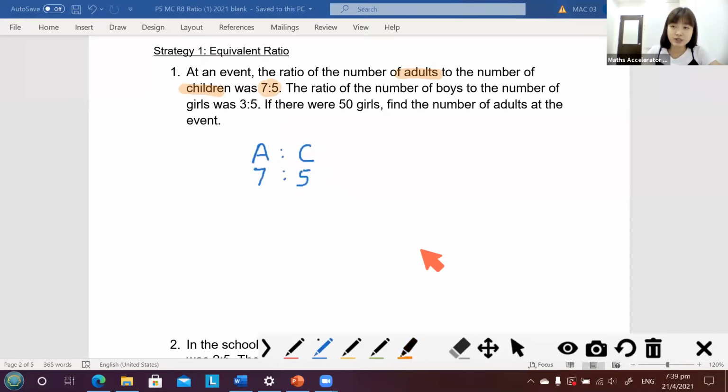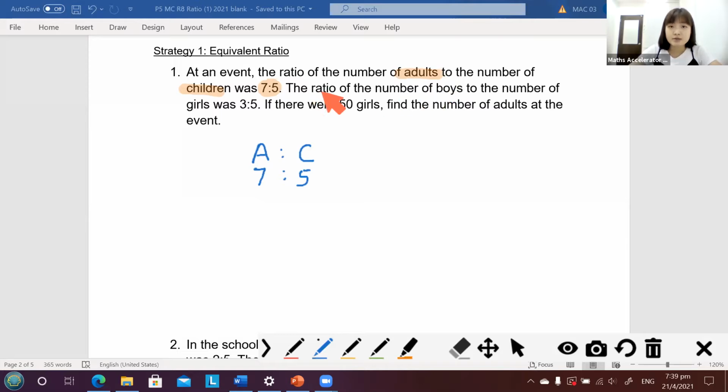Remember, you must write the ratio according to the order that they give you. If it's adults first, you must put 7 under the adults, and the second number should be the second item, which is children. If you put 5 is to 7, that's wrong already. You must always go according to the order that they give you.